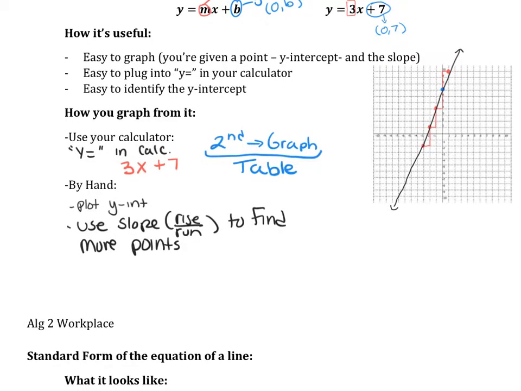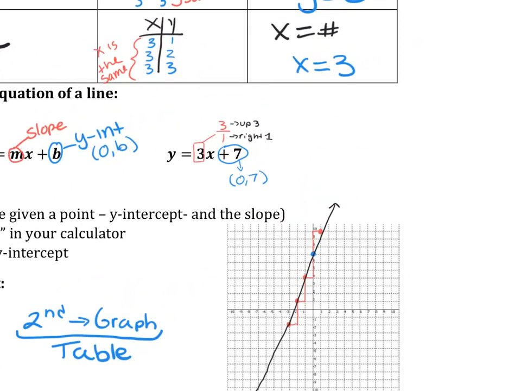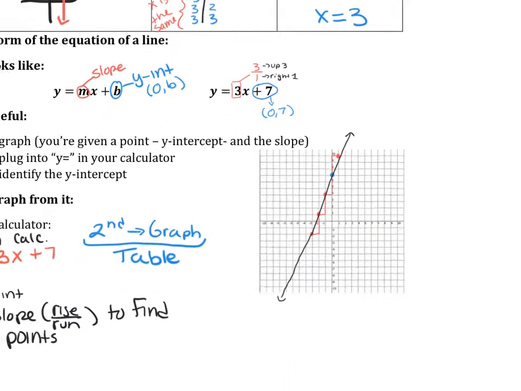Okay, and then you can always double check. So if we look at our equation, our slope, our m value, is positive, which means our line should be increasing, which it is. If somehow you ended up with a graph of a line that had a negative slope, you might want to double check something because our equation was positive mx, which means it should have been increasing.